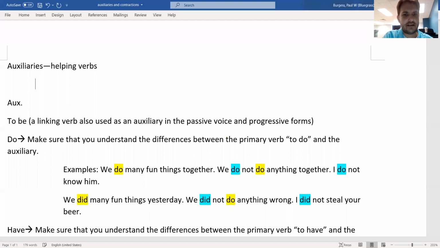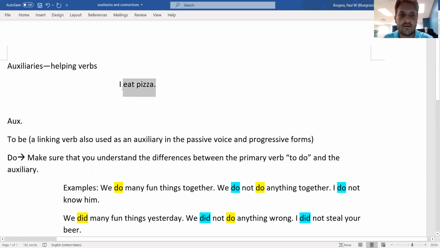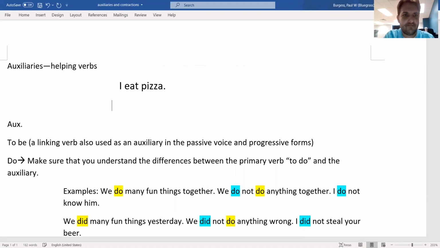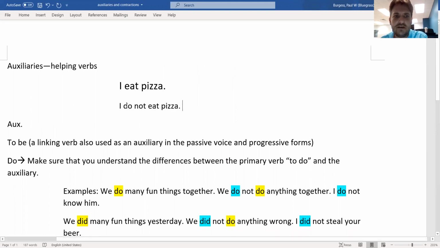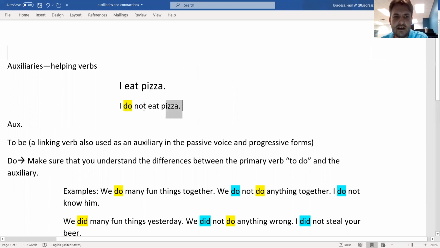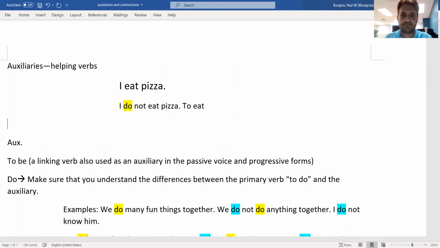So for instance, when we say, I eat pizza, there are no auxiliaries here. But when we make this negative and say, I don't eat pizza, do is acting as an auxiliary here because the verb here is to eat and not to do.